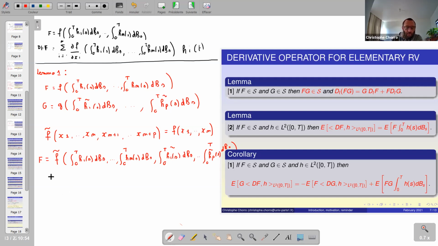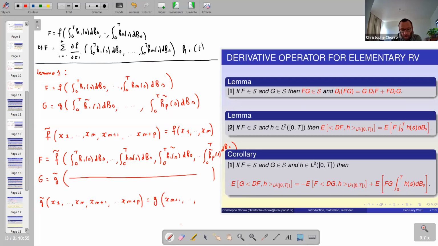I can do exactly the same for J, with exactly the same argument, defining J tilde of x1, up to xn, xn plus 1, up to xn plus p, as J of xn plus 1, up to xn plus p.